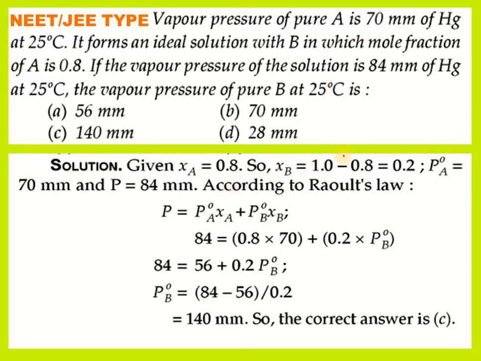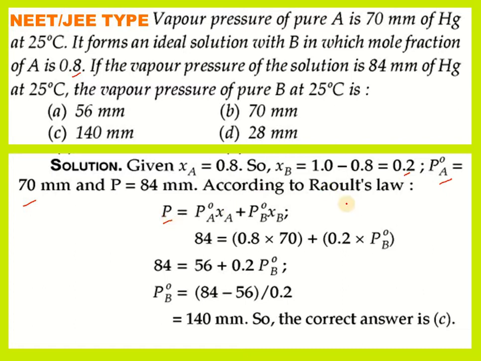For A, if you substitute these values, the mole fraction of component A given in the problem is 0.8, and XB can be obtained: 1 minus 0.8 is 0.2. The vapor pressure of pure component A is given as 70 mm Hg, and the total pressure is given as 84.